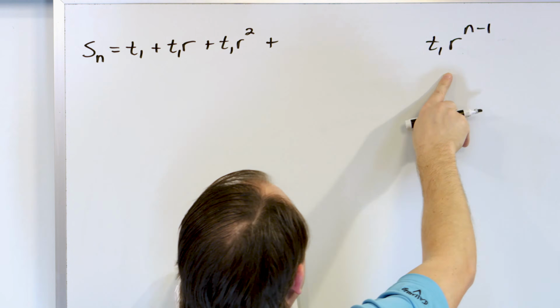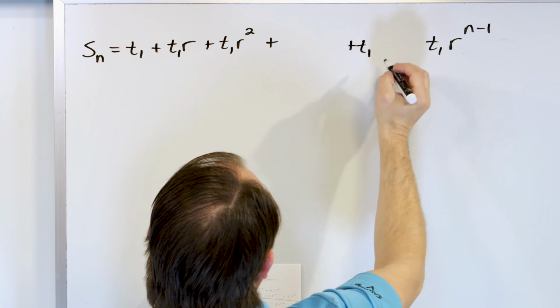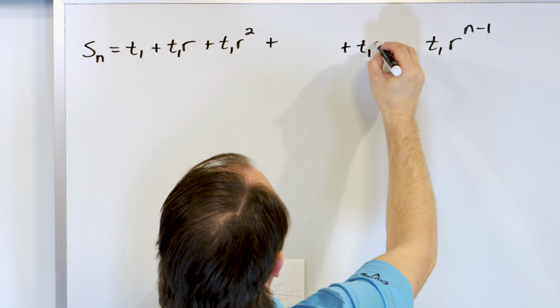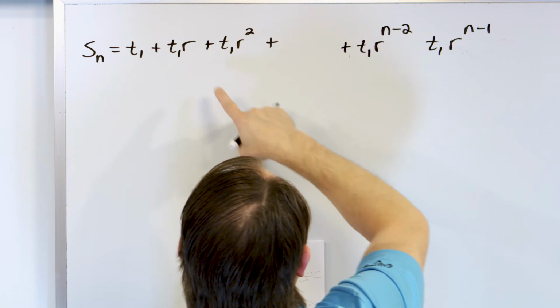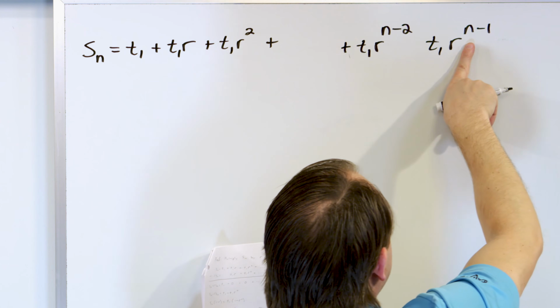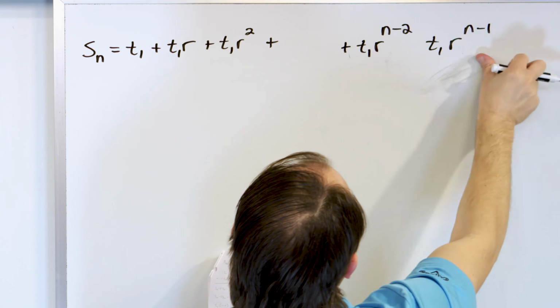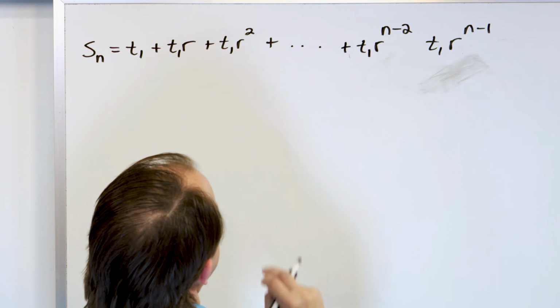What would the term just before that be? It would be T1 r to the n minus 2, because, again, we're multiplying here, so this is multiplied by r to the n minus 1, then this is 1 less multiplication going that direction. Okay, and then we have dot, dot, dot in the center here.